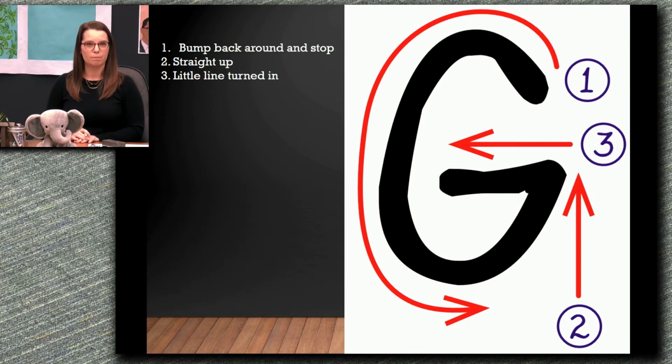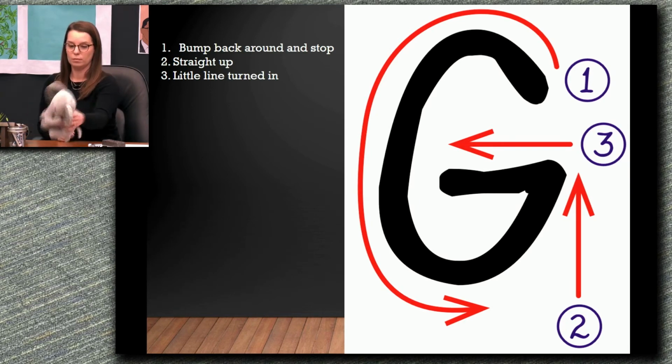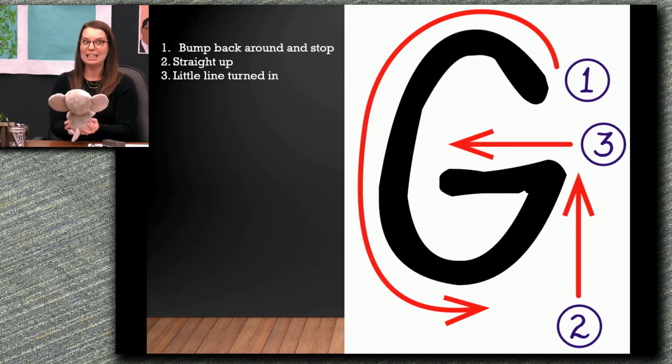Take some think time. Turn and tell your learning buddy the words that you are thinking that start with G. Mabel, our friend Gus. Gus. I'm also thinking about good job.